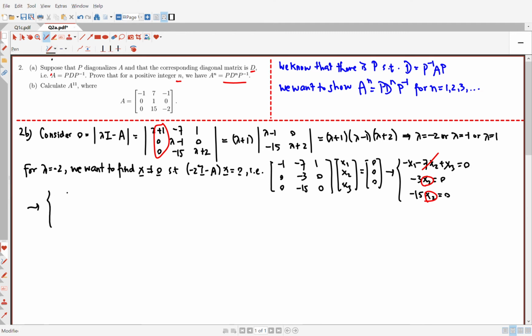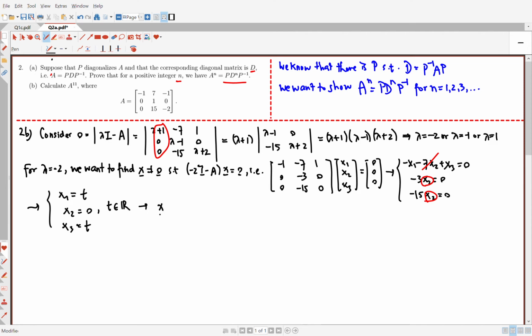Because x1 is just x3, and x2 must be 0, there is no restriction on x1 or x3. So I can make x3 a free parameter, and x1 just follows. So x1 will be t, where t is just a real number.